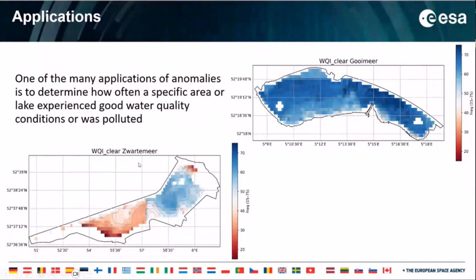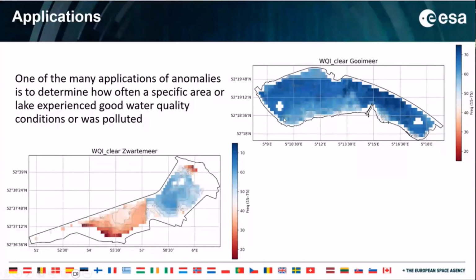So this is the lake where we have seen in the beginning that it has in general more eutrophication. The overall average has shown that you could now count how many times the water was clear with respect to the total or overall average, and you could identify an area in this lake where the water conditions are in most cases good, but the rest of the lake is not good.